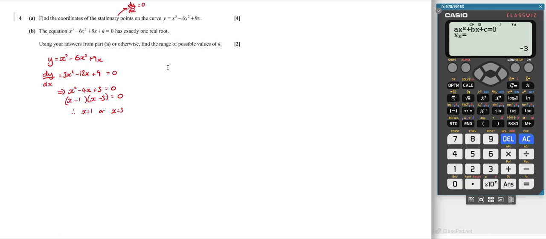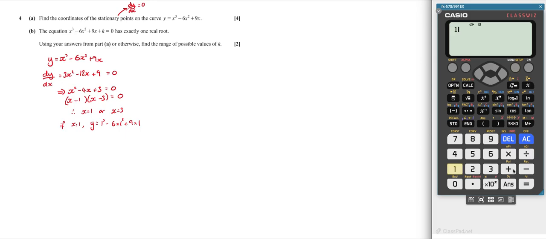So if x is 1, y is 1 cubed minus 6 times 1 squared plus 9 times 1, or 1 take 6 plus 9, so let's just check that. 1 plus 6 take 9, that is minus 2.